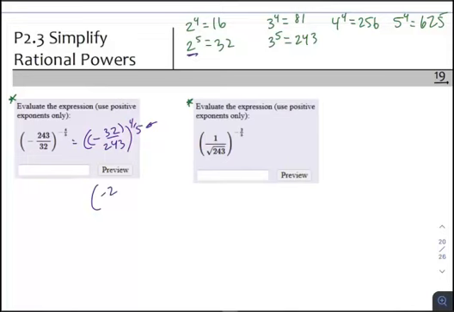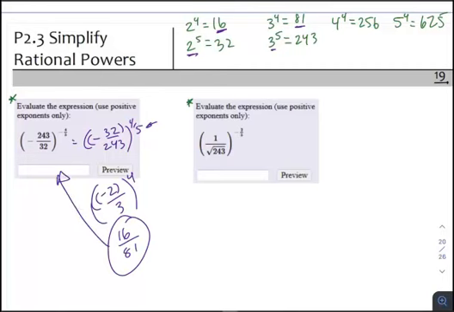So a negative 2. And then the 5th root of 243 is 3. And that's all to the power of 4, right? I applied the denominator part of that rational power first. And now if I take negative 2 to the 4th, the negative sign is going to be eliminated here, but negative 2 to the 4th is 16 over 3 to the 4th, which is 81. So that would be your first answer.